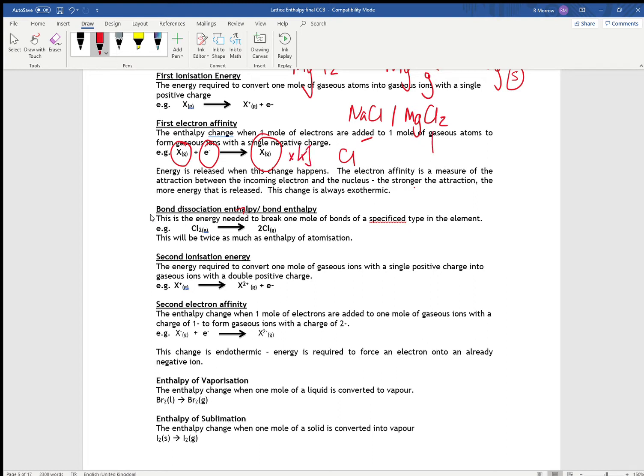Now, if it was making magnesium chloride, in there you have 2 chloride ions, so you would have to take your first electron affinity and multiply it by 2. So just be a little bit cautious of that.